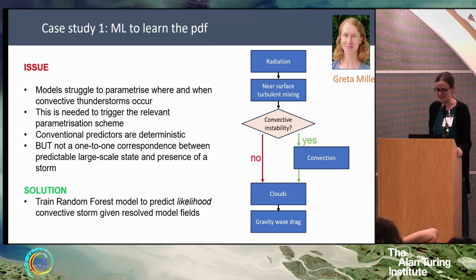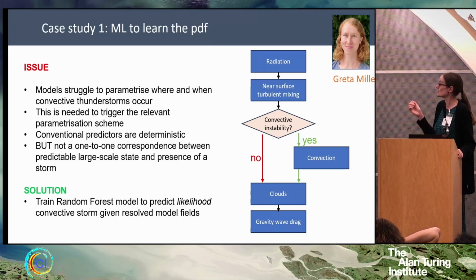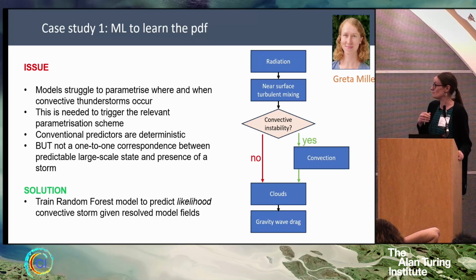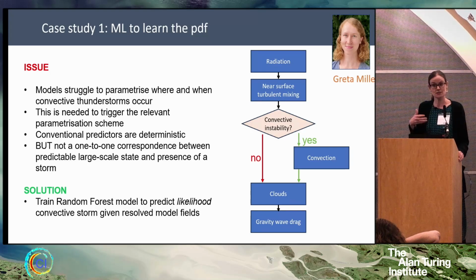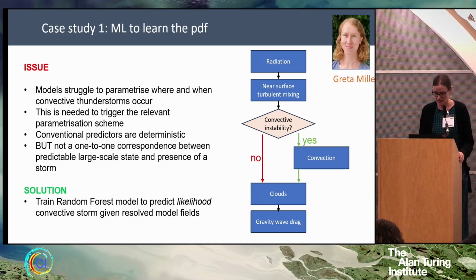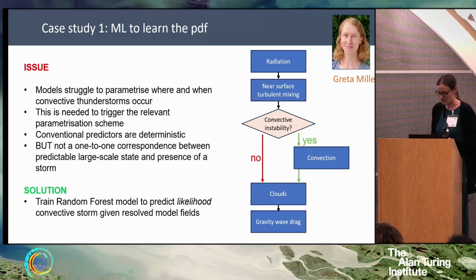So the problem that we've identified is that models have a real issue in parameterizing where and when convective thunderstorms should occur. The reason this is a problem is because when you step through a conventional weather forecasting model, we don't always call the bit of the code that represents convective thunderstorms. Before that bit of the code, there's an if statement.